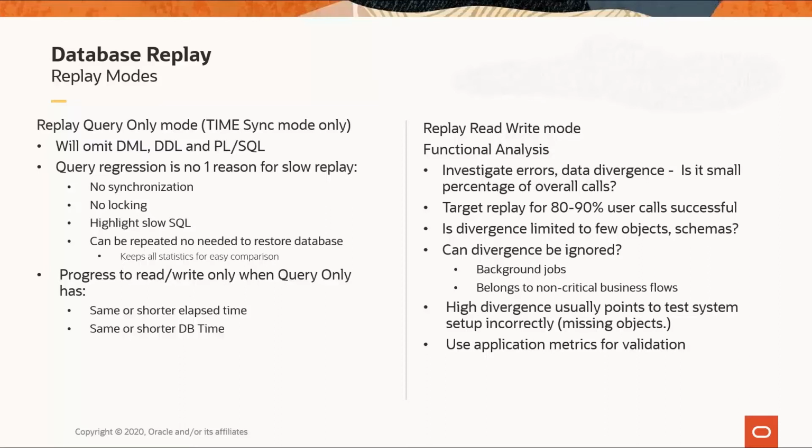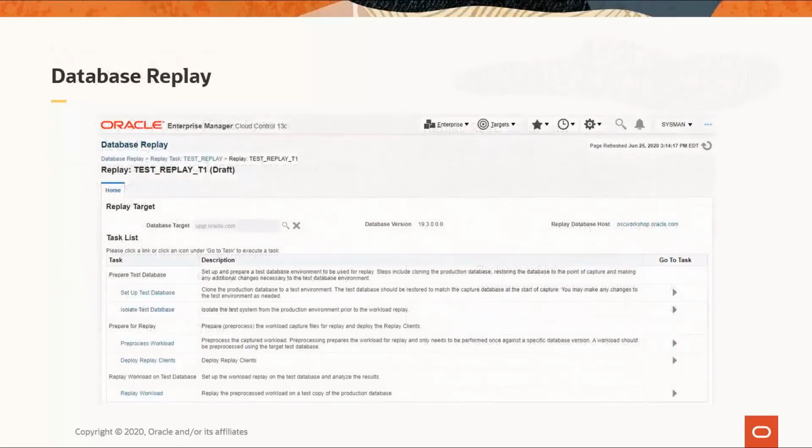Or if this belongs to non-critical business flows. If you have high divergence, this usually points to the test system being set up incorrectly, like missing objects, or remember that we were discussing the start SCN for the clone. And try to use application metrics for validation on this functional analysis.